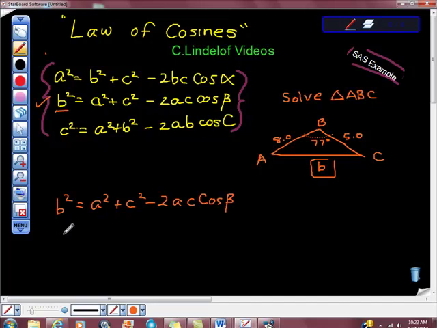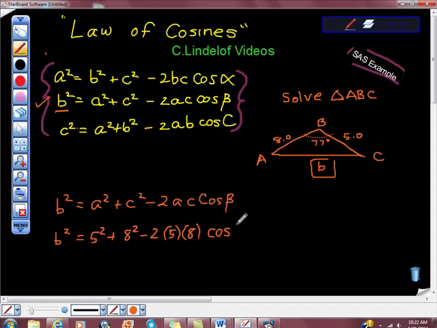All right, this turns into really just fill in the blanks. b squared is going to equal 5 squared plus 8 squared minus 2 times 5 times 8 times cosine beta.